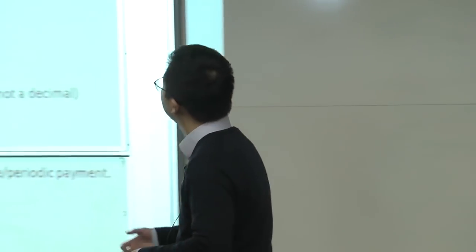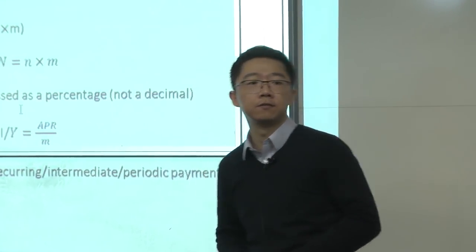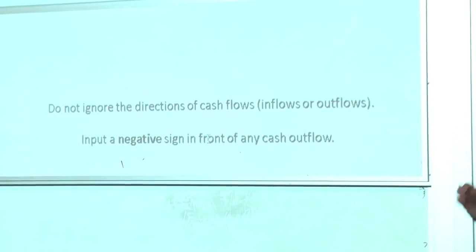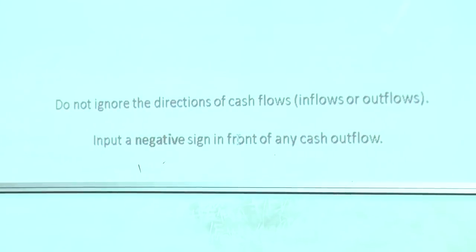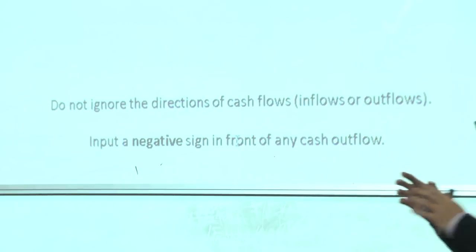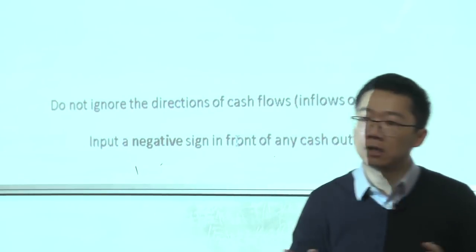We all know what PV and FV mean: PV is a value at a closer point of time, and FV is at a more future point of time. Do not ignore the signs. Do not ignore the directions of cash flow. When actually doing calculations, keep in mind which are the cash outflows and which are the cash inflows.